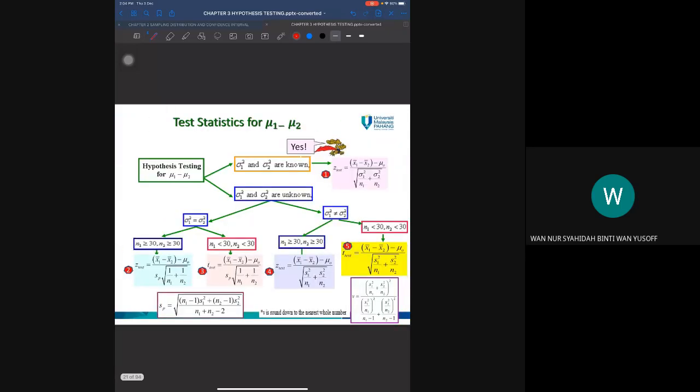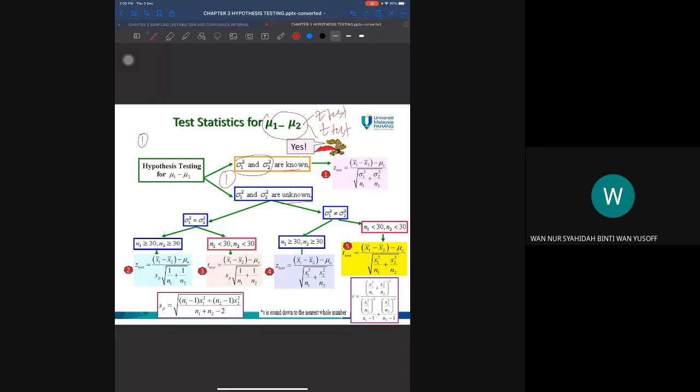In terms of the formula, how to choose the formula is similar to what we did for the confidence interval. We still have 5 different formulas. For this independent sample, we use the Z test and also the t-test as our distribution. So how do we choose the formula? We have 3 conditions that we need to identify. The first one is whether the population variance is known or unknown.